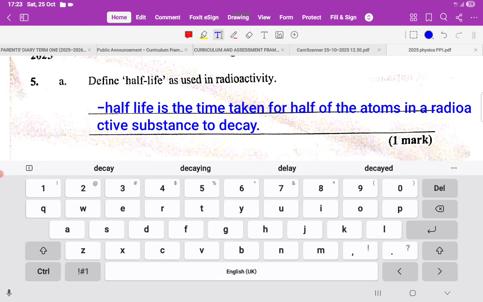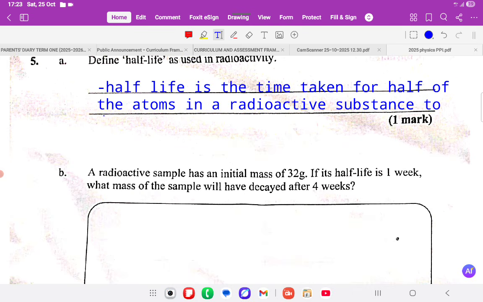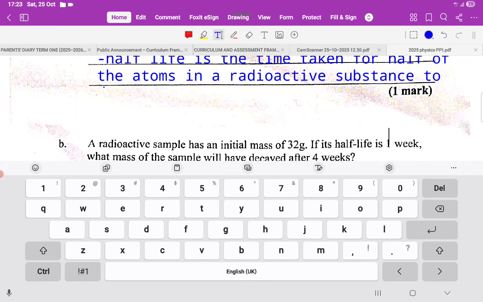Remember, radioactivity is the disintegration of the nuclei of atoms in order to release radiation. All right.